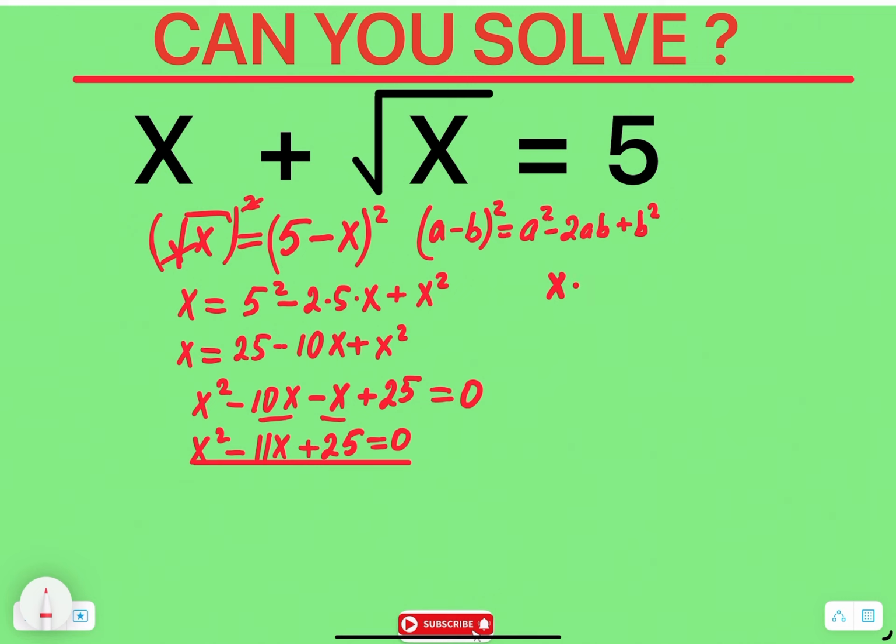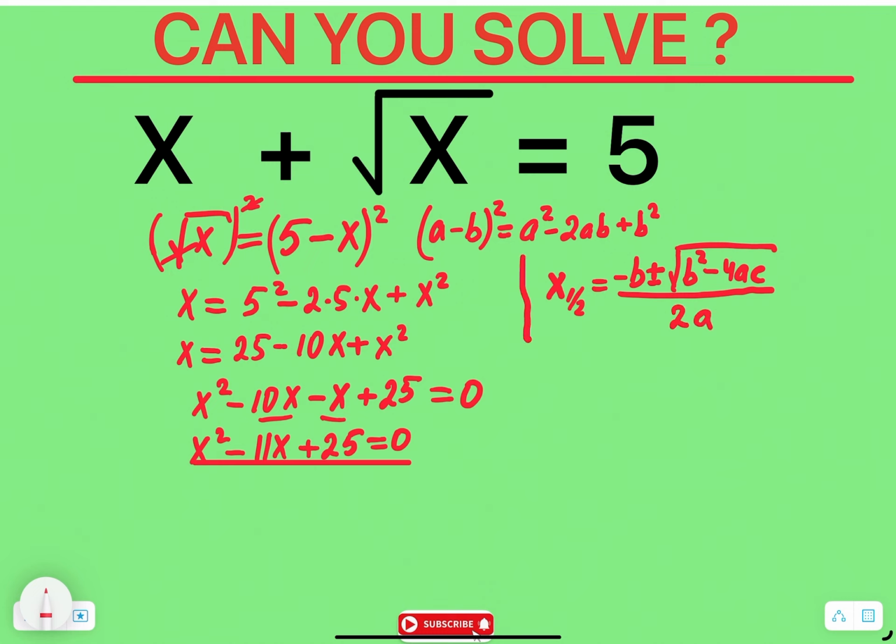That is the quadratic formula. x1 and 2, we call it, because we can have two answers, equals minus b plus and minus the square root of b squared minus 4ac, divided by 2a.